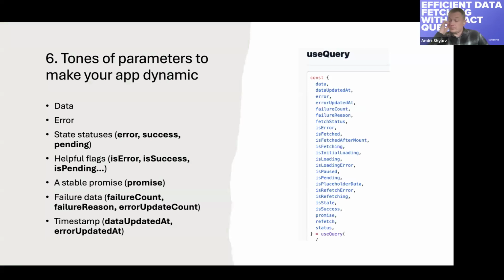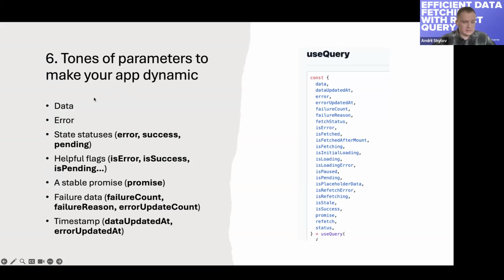Okay, then what do you receive from these hooks? What does TanStack return to us? On the right side you can see a list of all parameters, and on the left, as usual, a list of the most important.